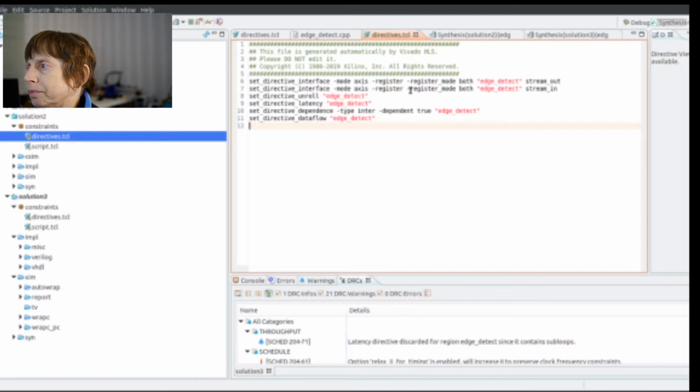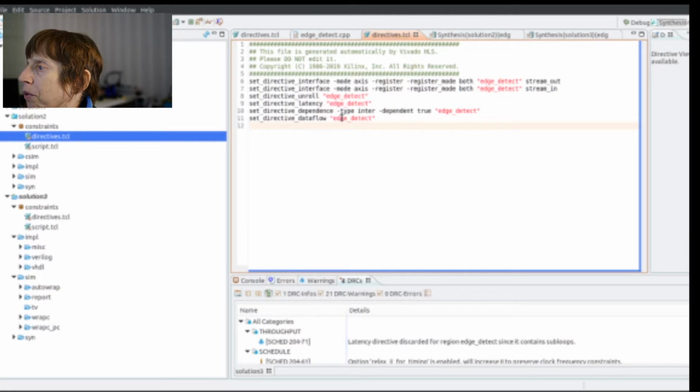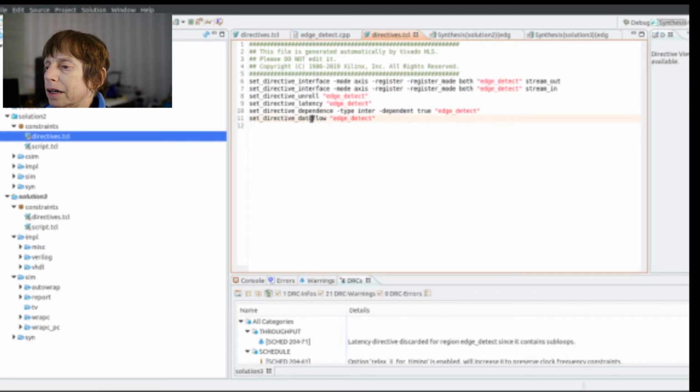Unroll is for unrolling loops. I don't know if that's going to do anything, because there really aren't loops necessarily here. And data flow, again, is trying to reduce latency and increase performance by starting on the next thing more quickly while the other one's still processing.